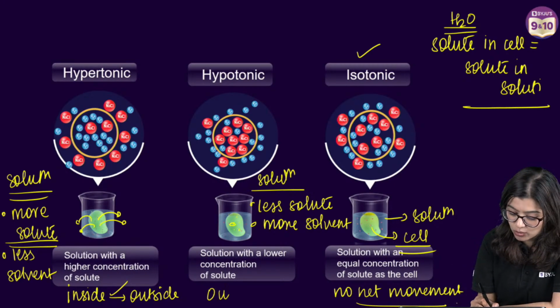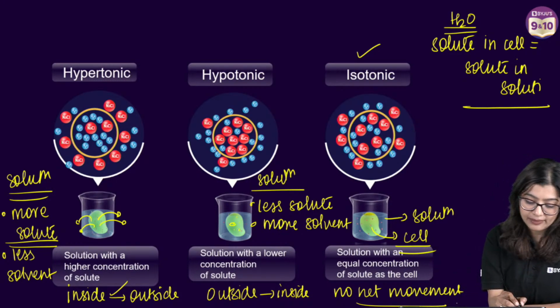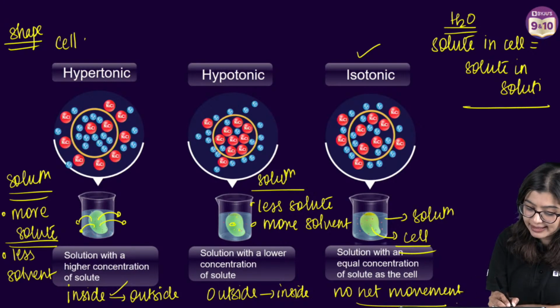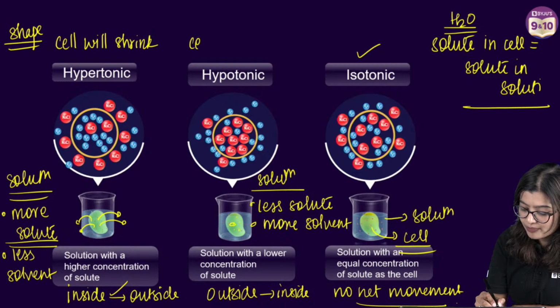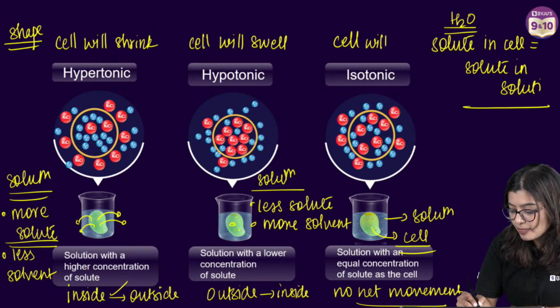Water will go from outside to inside. As a result, what will happen to the shape of the cell? In hypertonic, the cell will shrink. In hypo, the cell will swell. In iso, the cell will remain the same.